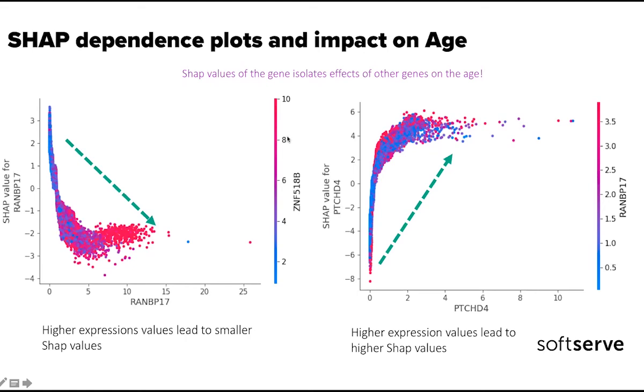Well, you could say, if you want to calculate the correlation between age and a feature, you could just take the age column and the gene column and calculate the correlation. But the cool thing about the correlation between SHAP values and gene expression is that SHAP values are isolated from the effects of other genes.